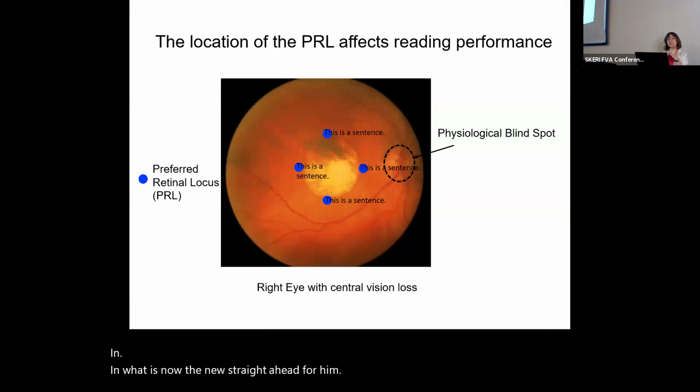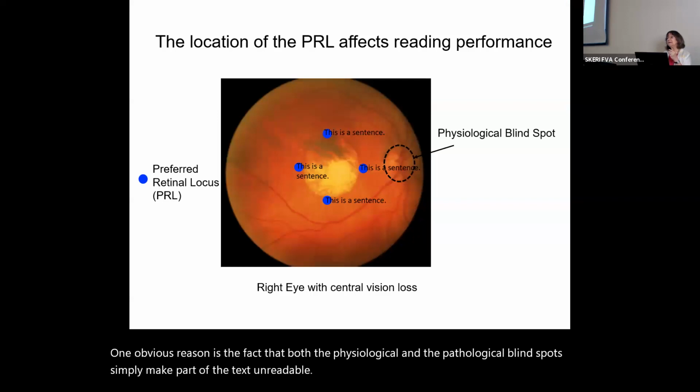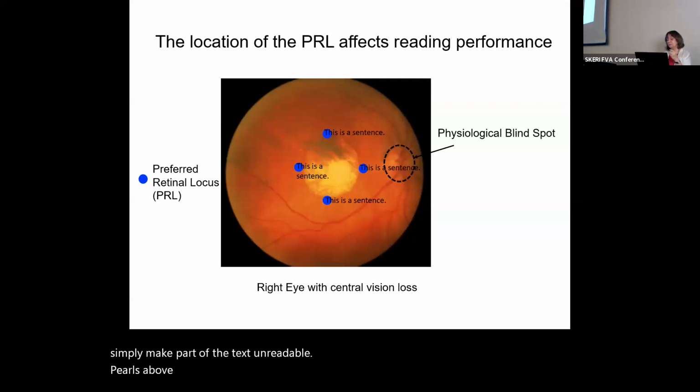Now, the location of the PRL affects reading performance. One obvious reason is the fact that both the physiological and the pathological blind spots simply make part of the text unreadable. PRLs above and below the scotoma on the retina are best because there is more real estate for reading.